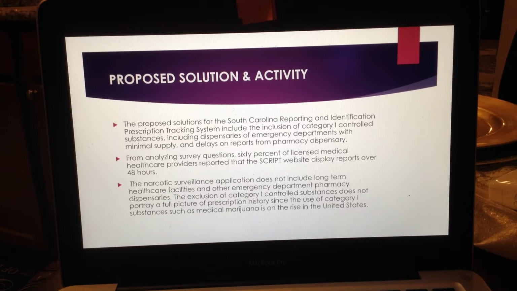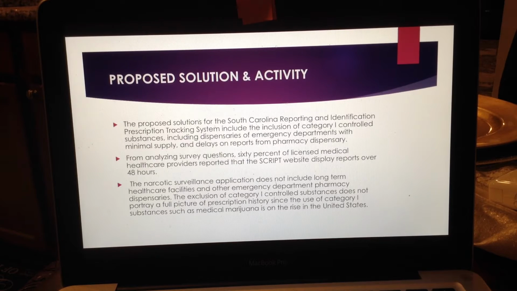I feel that should also be put into that data. Also, certain healthcare facilities, such as emergency departments, hospice care, and long-term acute care, basically do not have access to it, since a lot of the medications are for short-term use.